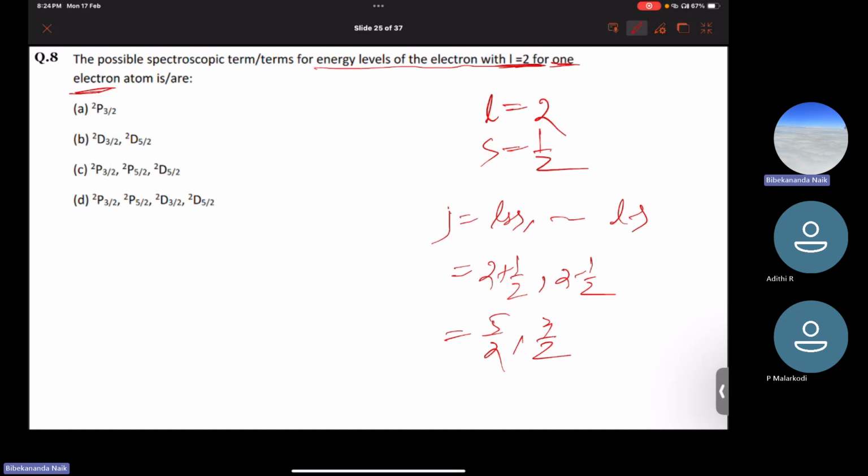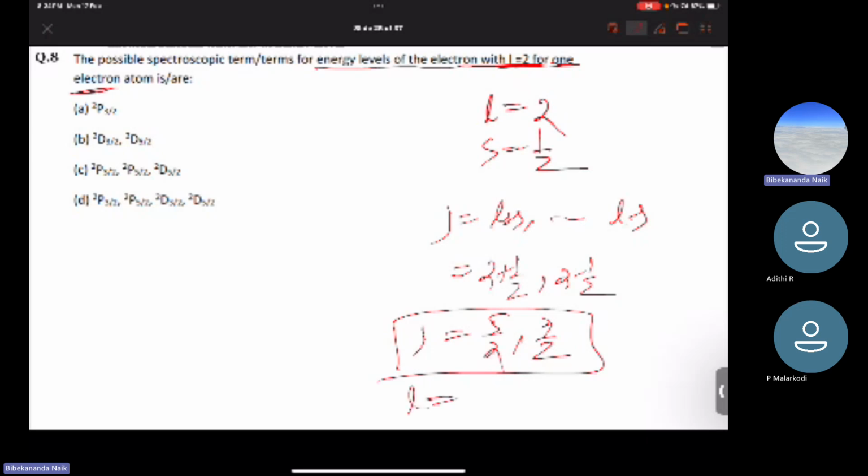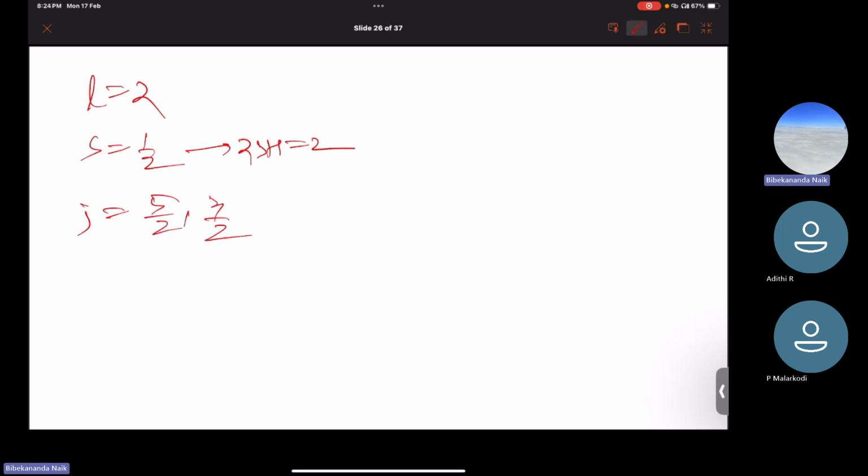So we have J equals 5 by 2, 3 by 2. With L equal to 2 and S equals half, 2S plus 1 equals 2, and J equals 5 by 2 and 3 by 2.